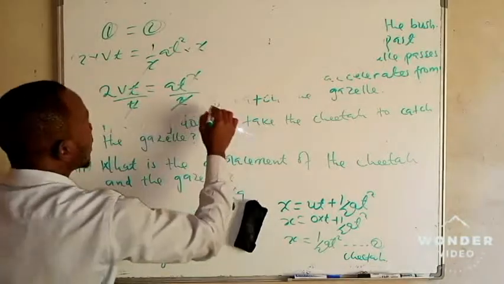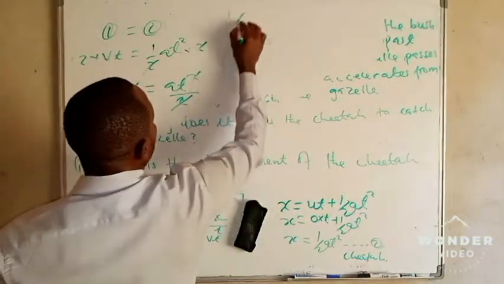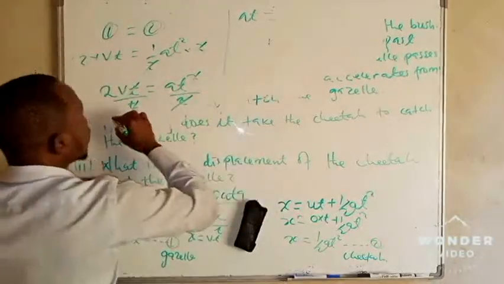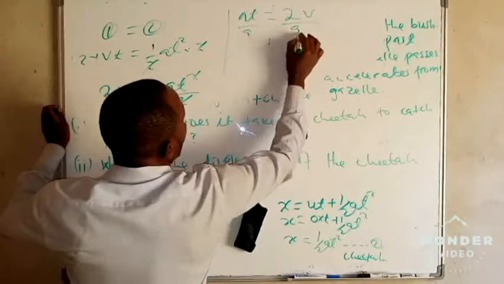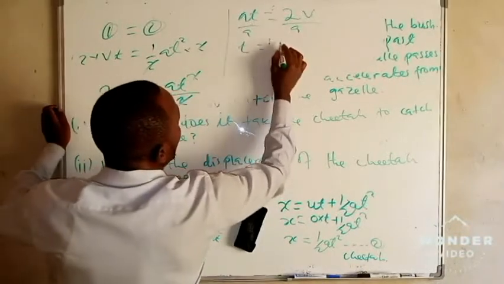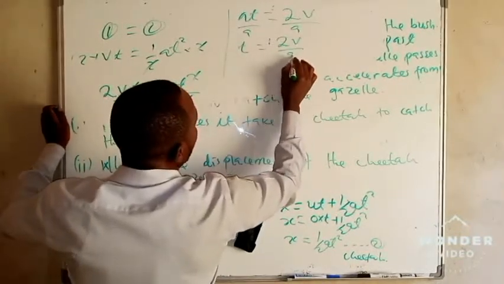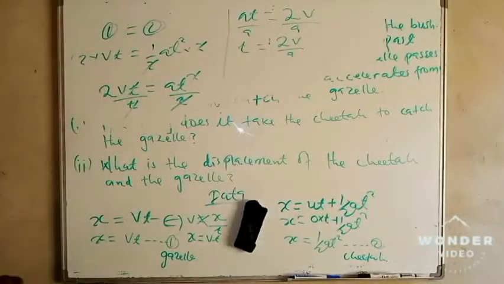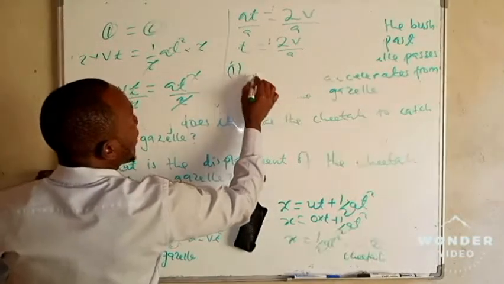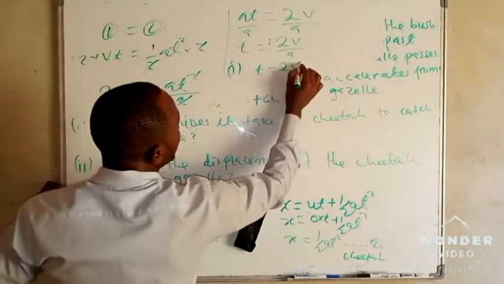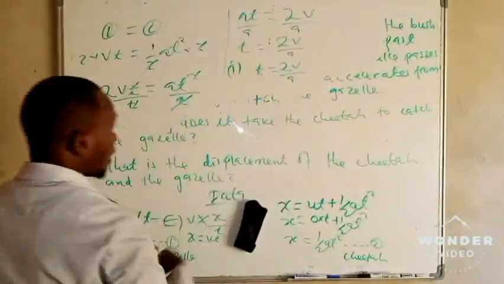What we're going to have is at is equal to 2v. So over a, our t will be 2v over a. For the first part, question number 1, t is 2v over a.